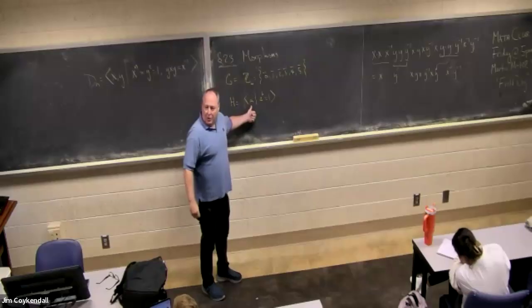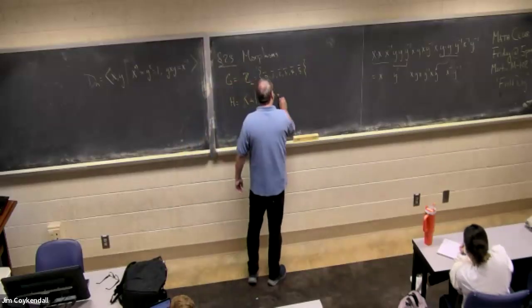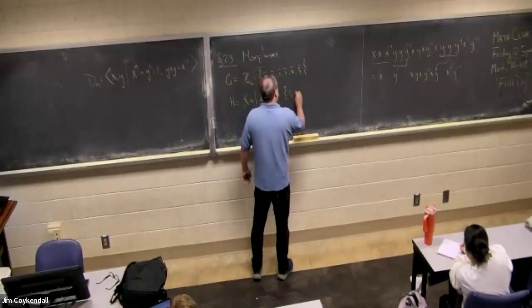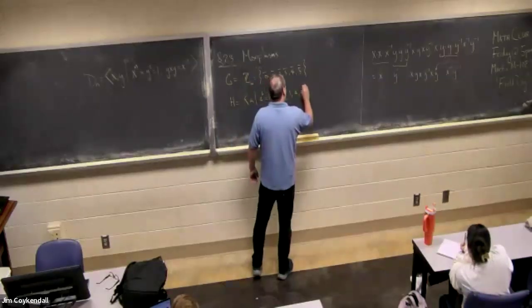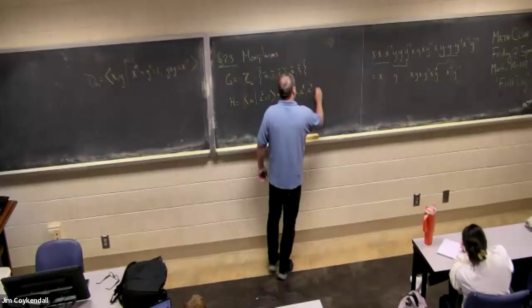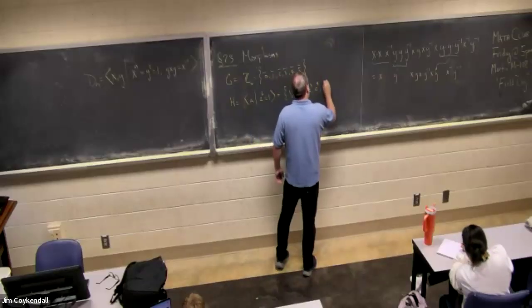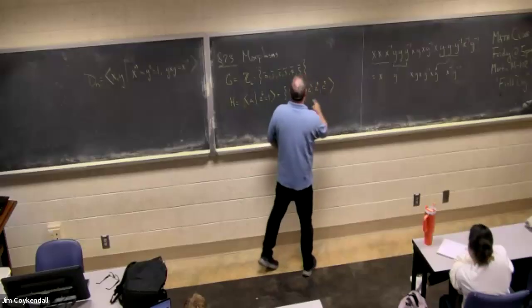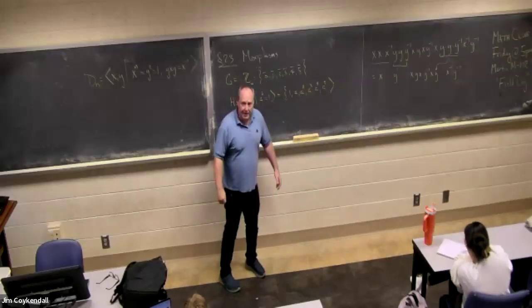So my group H is all words that I can make with a. But if I get six of them in a row, that's the identity. But now a^6 cycles back here, right? Right here.